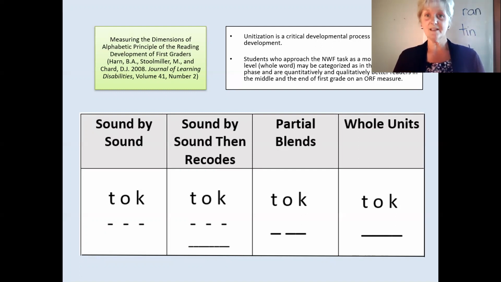That's called unitizing, and we have a sound by sound blending routine that helps students begin to do that unitizing after blending. And then finally, they would read in whole units, so they would just look at that unit and say the word. So this is the progression, and the blending routines are designed to move students through this progression, which I thought was amazing because I didn't know that when I was teaching.